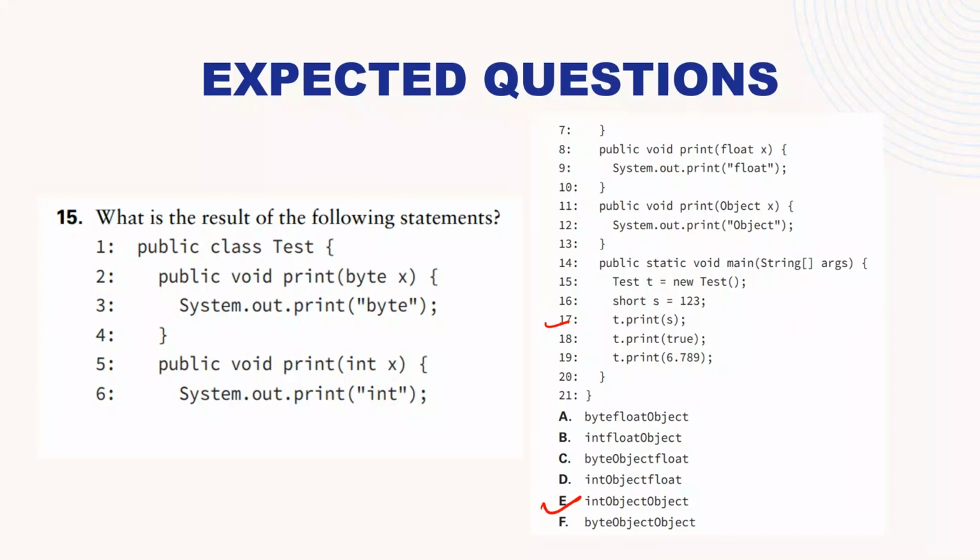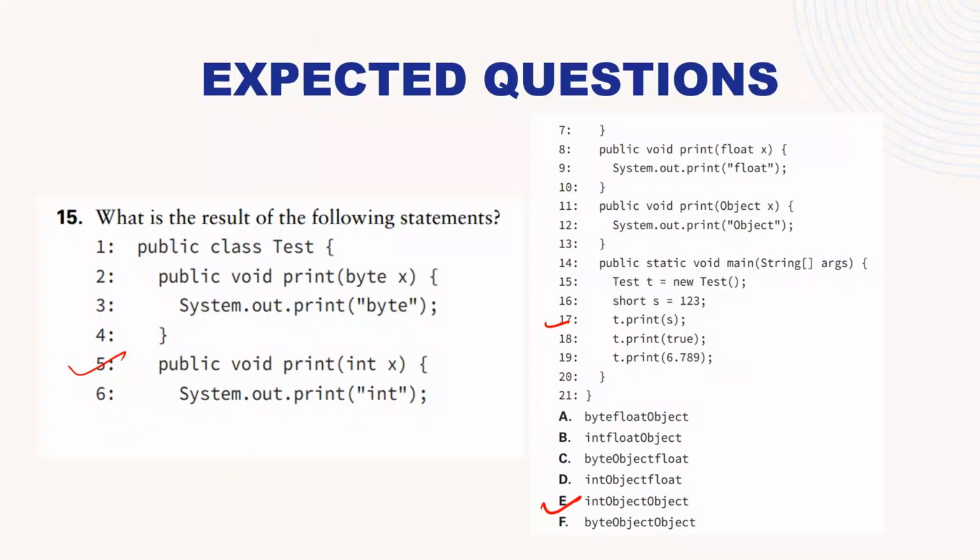So the print on line number 5 is invoked, because if you want to convert from a smaller data type, like from a short to an int, it can be auto promoted by the Java compiler, but for the reverse you have to do a typecasting. So if you pass in this short over here, it will be automatically converted to an integer. So that's why this method which accepts an integer is invoked. I hope that is making sense.